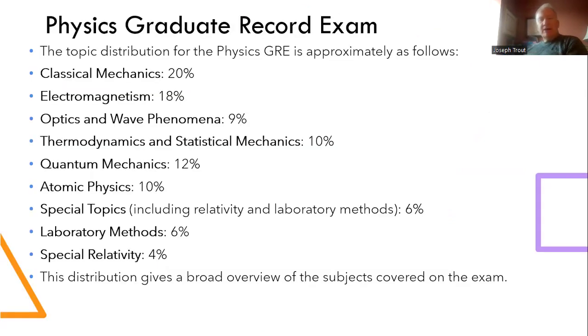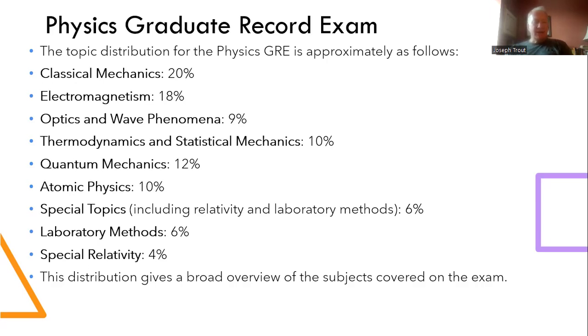So when we look at the breakdown, the topic distribution, about 20% of it is classical mechanics, and about 18% of it is electromagnetism. So almost 40% of the exam is covered by classical mechanics and electromagnetism.